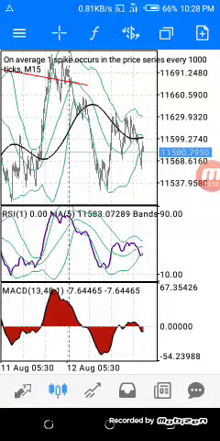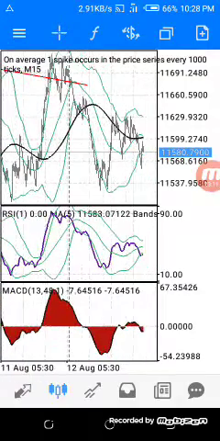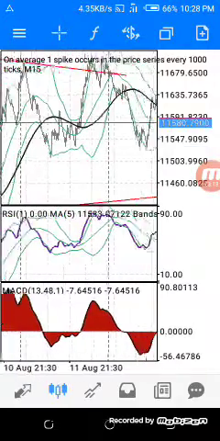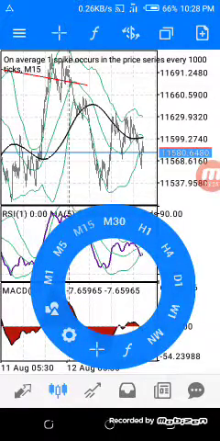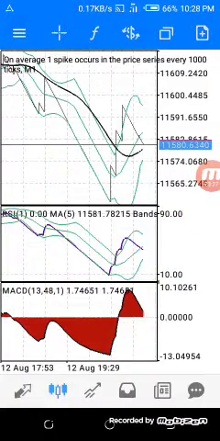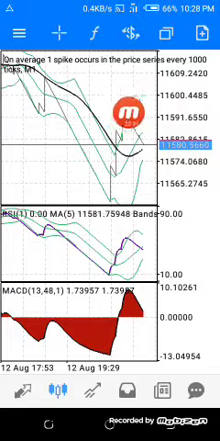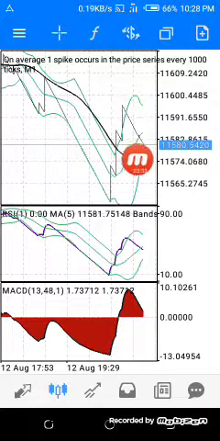It shows that the market is going a little bit downside. So I would not enter this trade. I would just exit somewhere there after the spike.